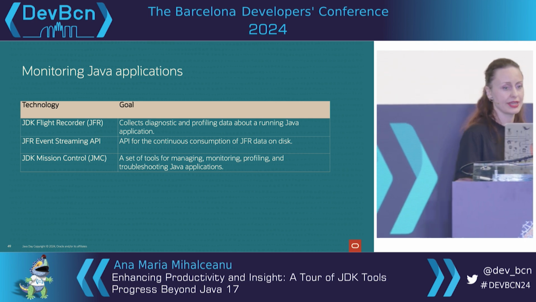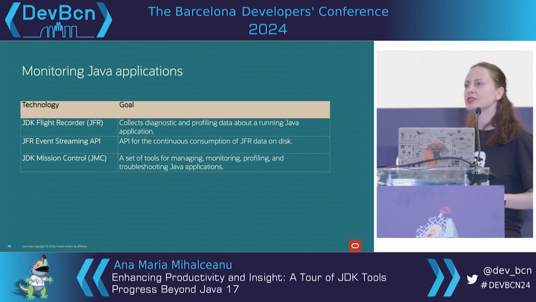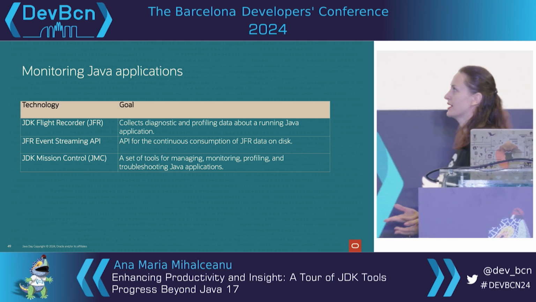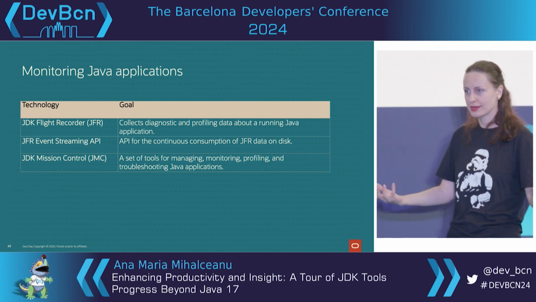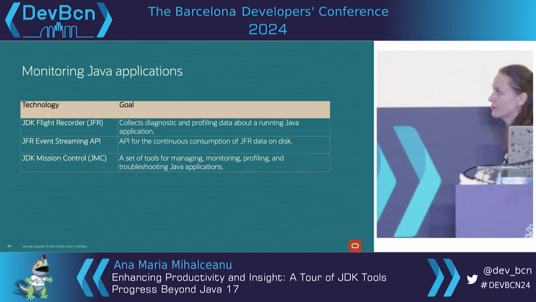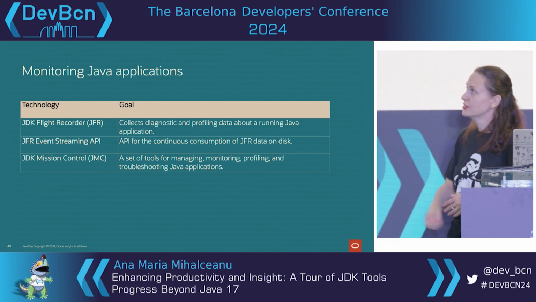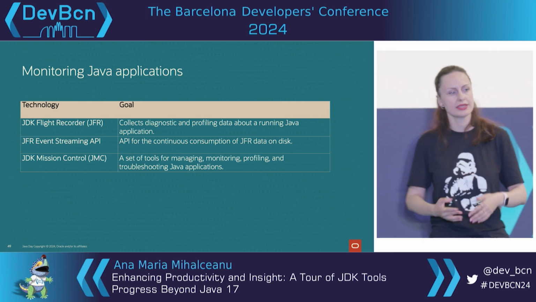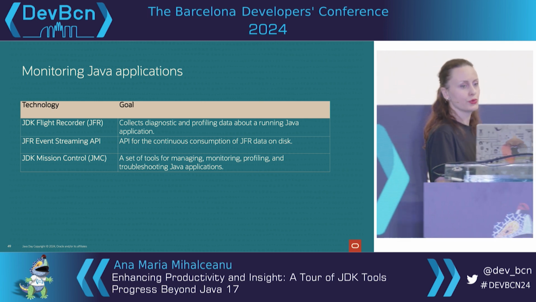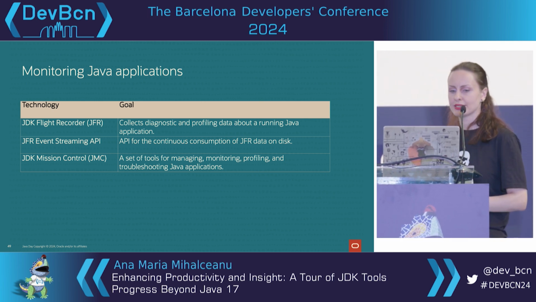Now, if you need to continuously consume JFR events and connect them with other details about your monitoring, your infrastructure, and so on, the JFR event streaming API is there for you. So you can have that in your monitoring tool, output it there, and correlate it.